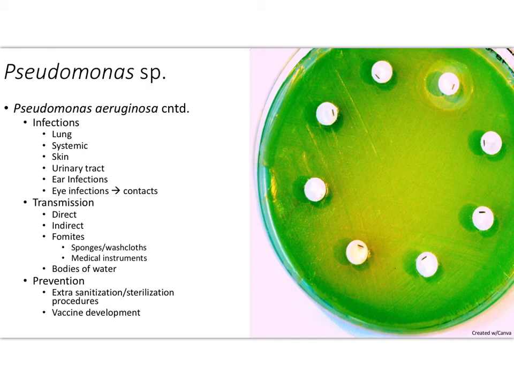So people who are generally healthy, who have good immune systems, strong immune systems, they probably wouldn't get this vaccine. But for people who may be immunocompromised or have some other type of situation going on that would put them at more risk for developing a Pseudomonas infection, they would probably be eligible for this vaccine if it gets finished.